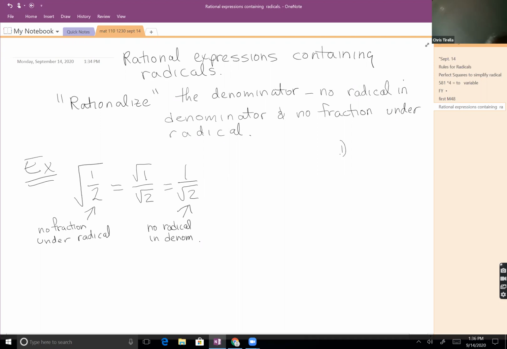And so what we're going to do is we're going to multiply both the numerator and the denominator of the fraction by the radical in the denominator. Or a radical that makes the denominator the perfect square.